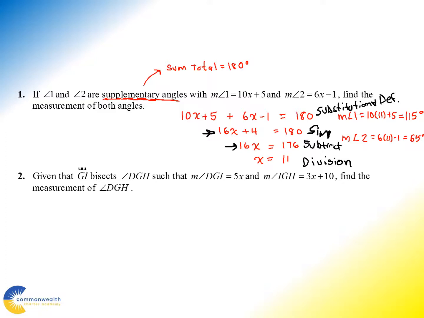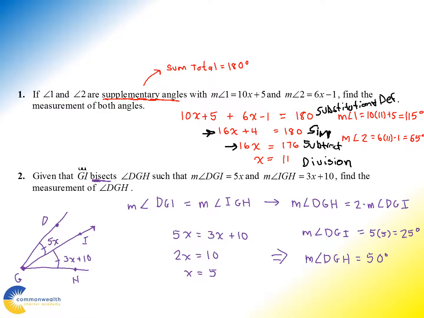So basically DGI and IGH would be the two angles that are formed from angle DGH being bisected by GI. But I also have to keep in mind what bisect means. It doesn't just mean cutting the angle into two parts. It means cutting the angle into two equal parts.